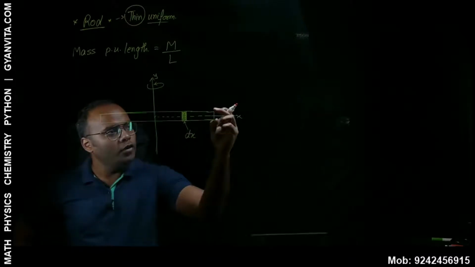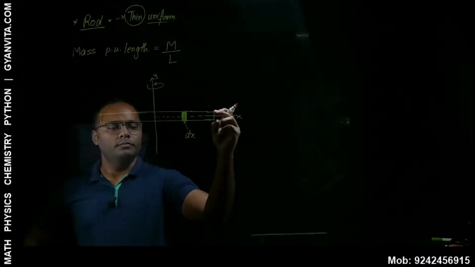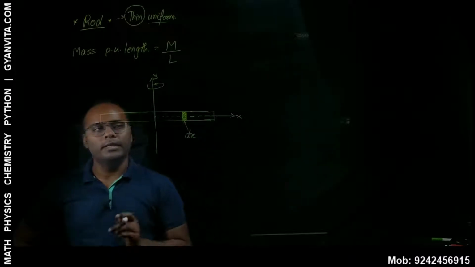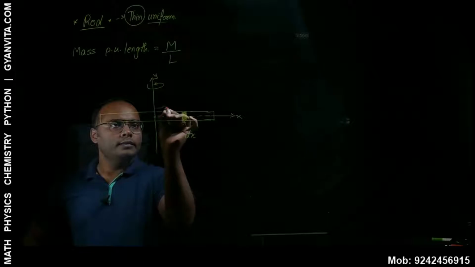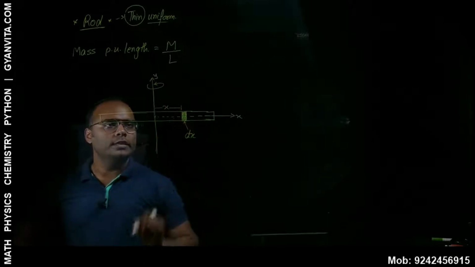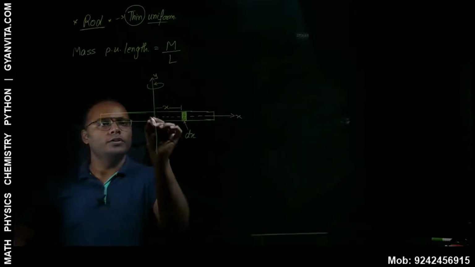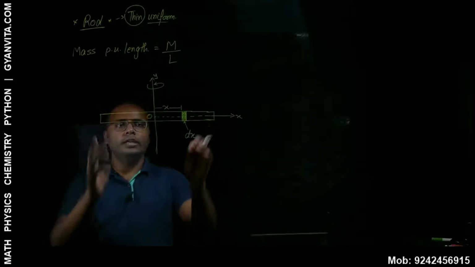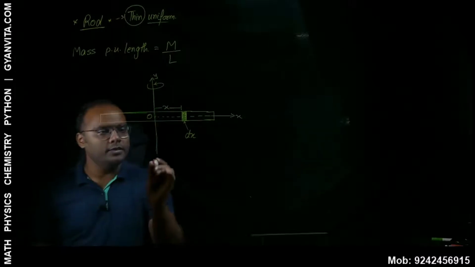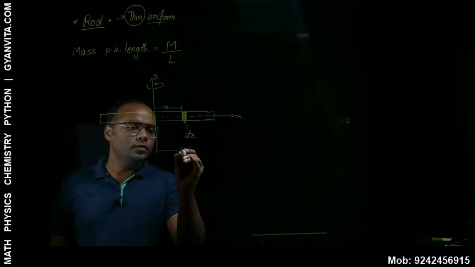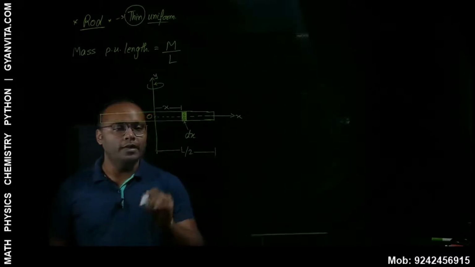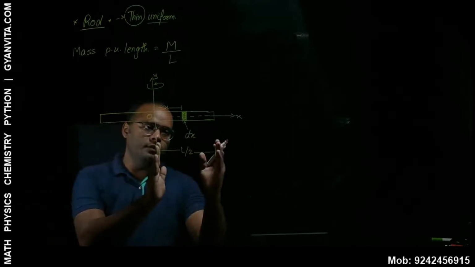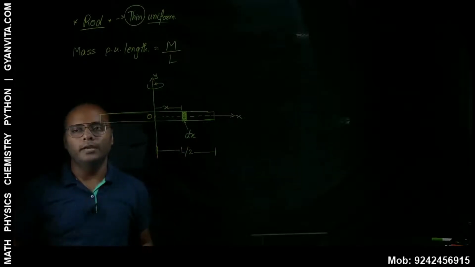We are not considering the width, only the length of this small segment, dx. Let this small segment be at distance x from the origin O. If the total length is L and the axis is in the center, then it is L by 2 on one side and the other half on the second side.